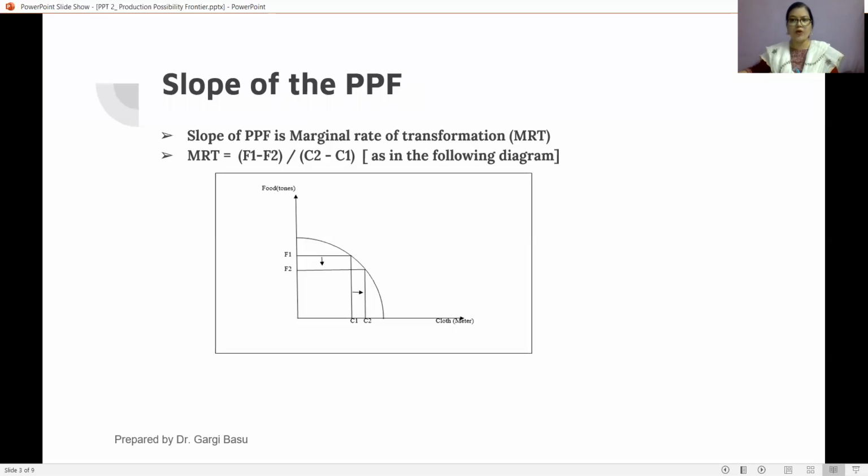Hence the slope or MRT is equal to F1 minus F2 divided by C2 minus C1, as in this diagram. The absolute value of MRT rises as one moves along the PPF. Similarly, the opportunity cost, which I will discuss in my later slides, also increases as we move along the PPC or PPF.